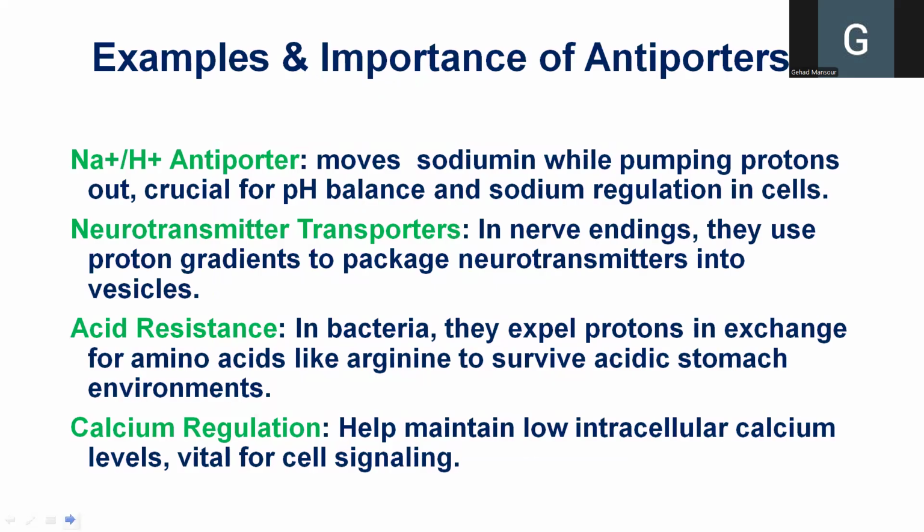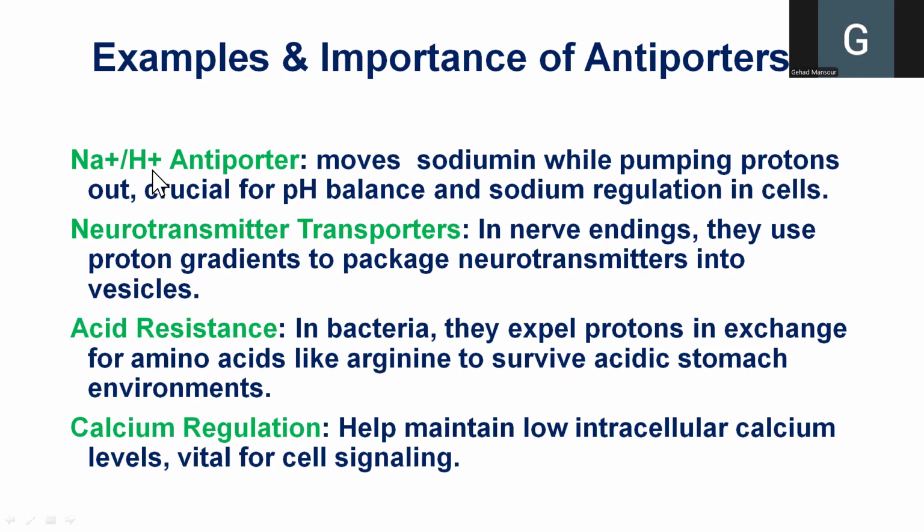The last thing we're talking about now is the examples of antiporters. We have seen that the antiporters are the ones that transport two substances at the same time in opposite directions.